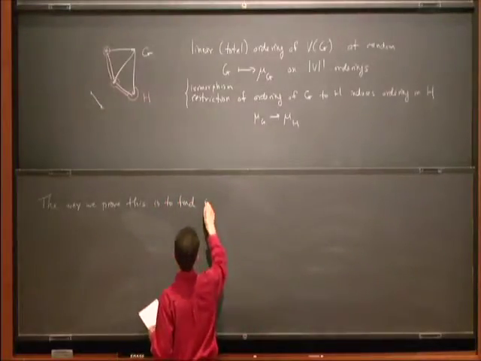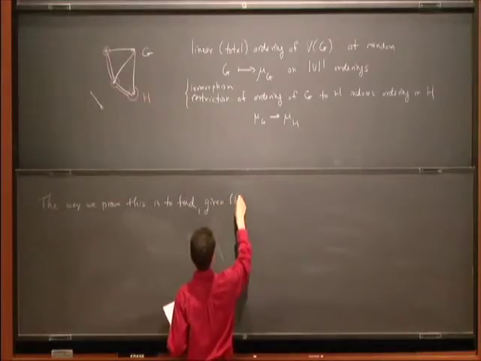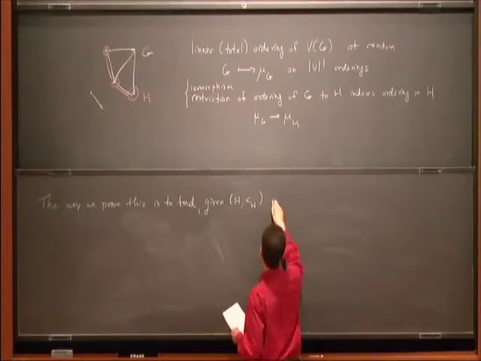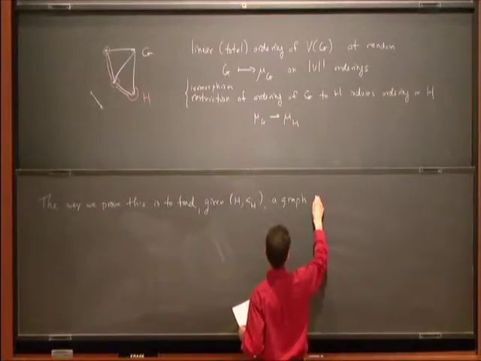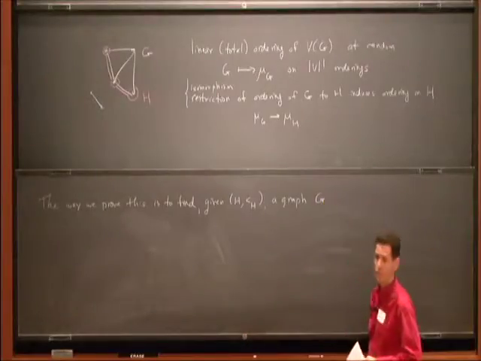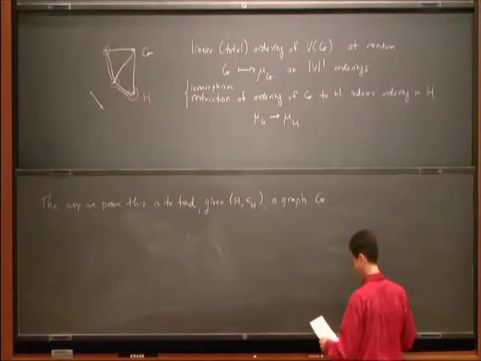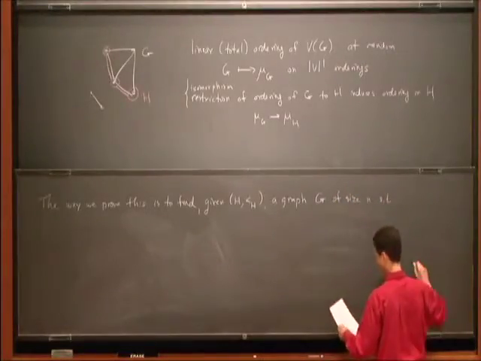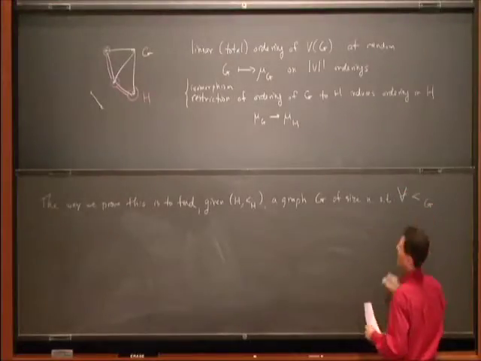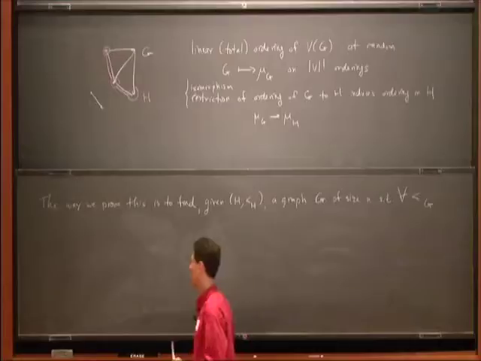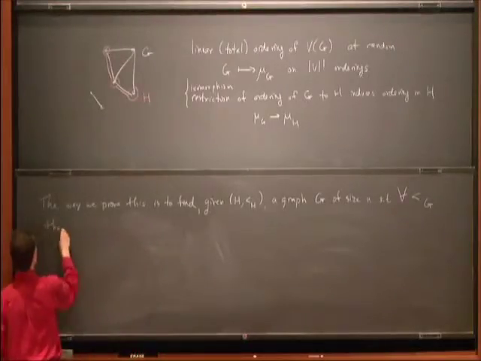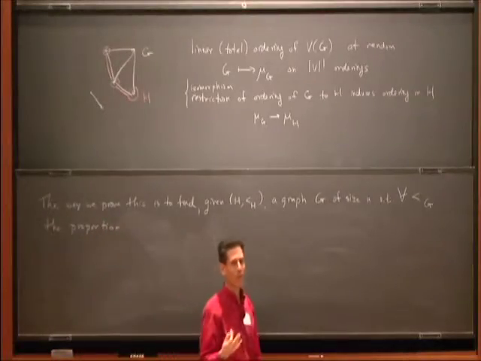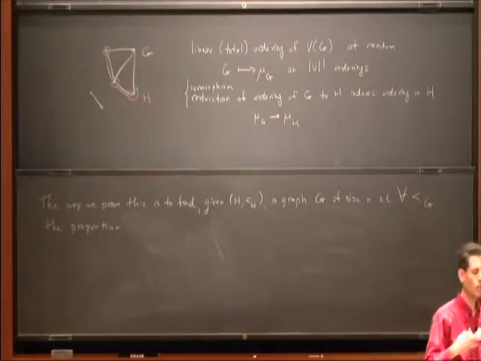So given this ordered graph, H, of size k, we find this graph G, which will actually be of size n, such that no matter how you order G, if we look at the embeddings of H into G, and embeddings of H into G as induced subgraphs.